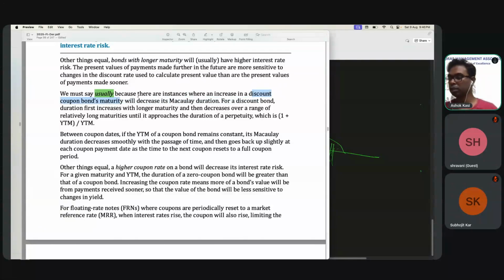That means maturity is increasing. It is a coupon bond trading at a discount, but its maturity is going up, and it will decrease its Macaulay duration.